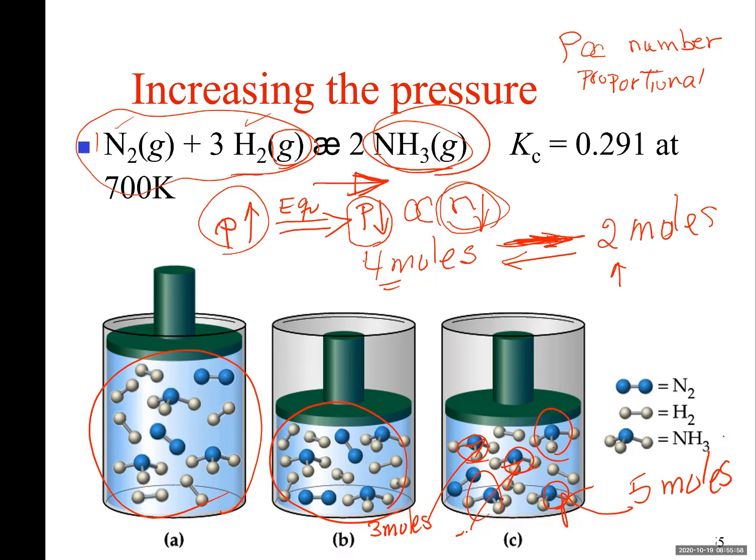That means there is more product. Reaction is shifting to right to make more product, because going to right is decreasing total number of molecules from 4 to 2.